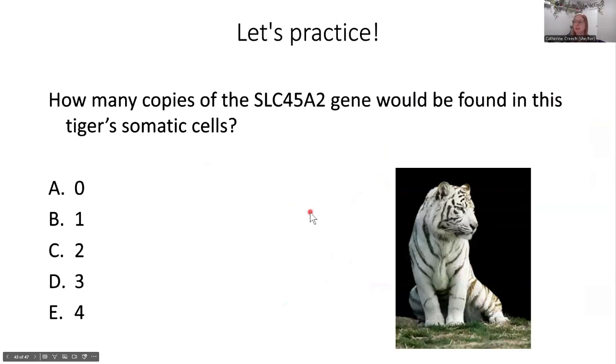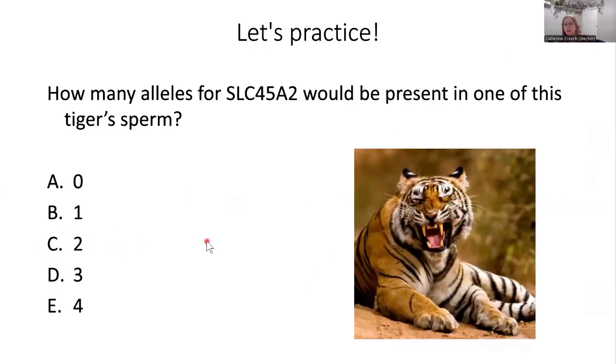How many copies of the SLC45A2 gene would be found in this tiger's somatic cells? Tigers are mammals. Mammals are diploid. There would be 2 copies of the gene. How many copies of the gene would be found in this tiger's sperm? Sperm are haploid. There will be 1 copy.